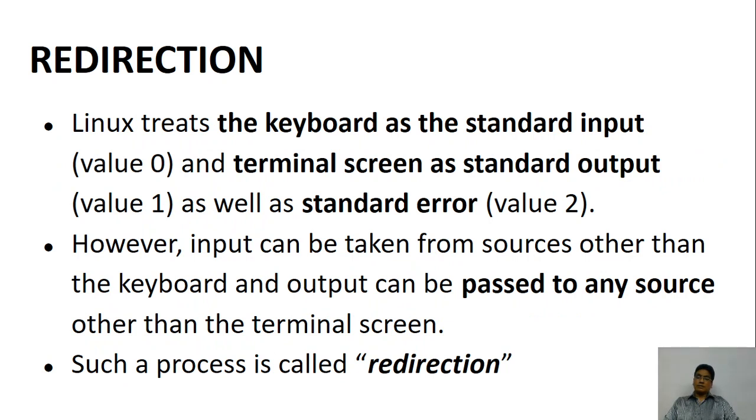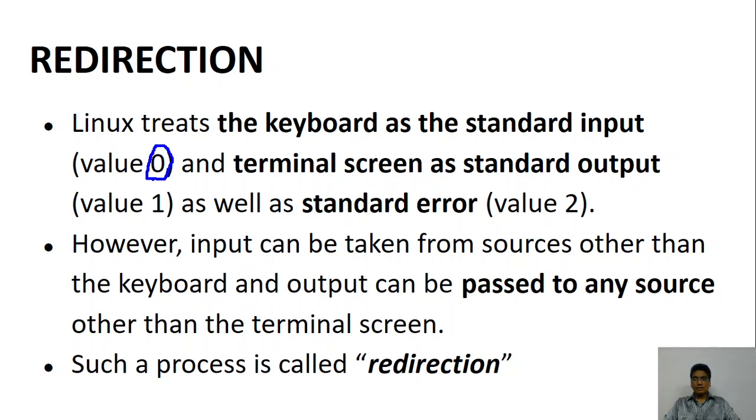Now let's look at one other thing that we have to learn about, and that is redirection. Normally, whenever we are using Linux, Linux assumes that the keyboard is the standard input, and the value associated with the standard input is 0. So it always assumes that the input will come by default from the keyboard, and in the same way it assumes the output is going to go to the terminal.